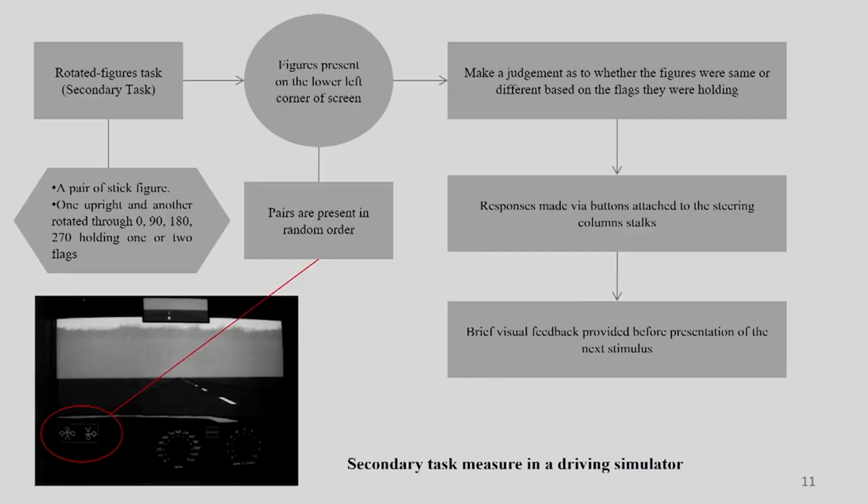In this particular example, you can see they mention there are two figures. What they have done is, they have one vertical flag and another flag which is rotating from 0, then 90 degree, 180 degree and 270 degree. As soon as it rotates to 90 degree, you have to react to it, you have to give a response.